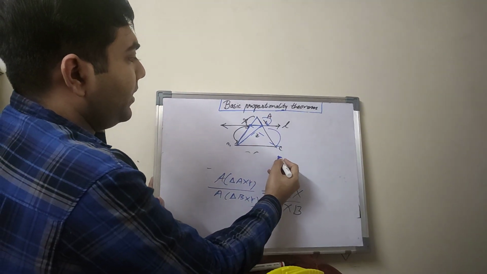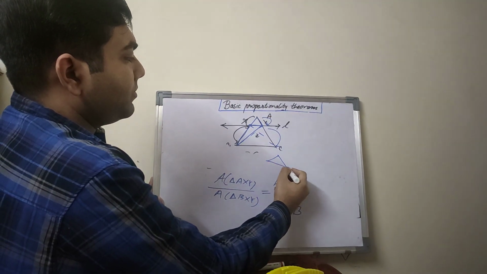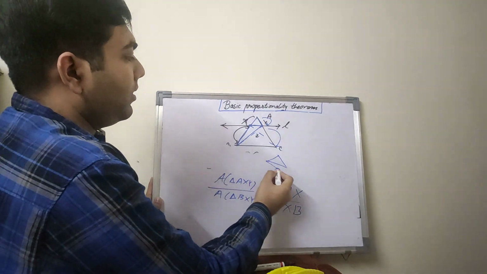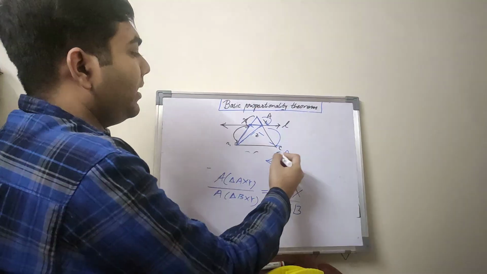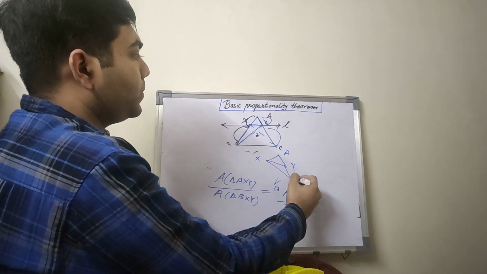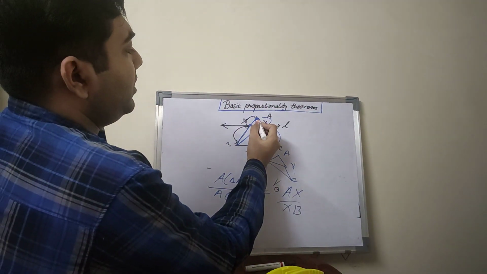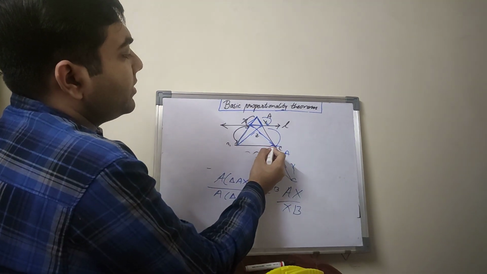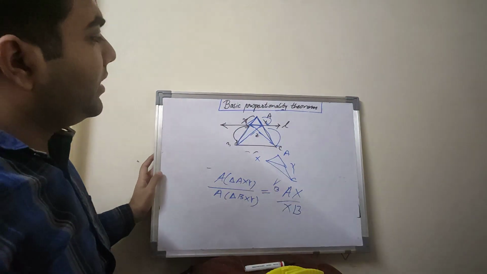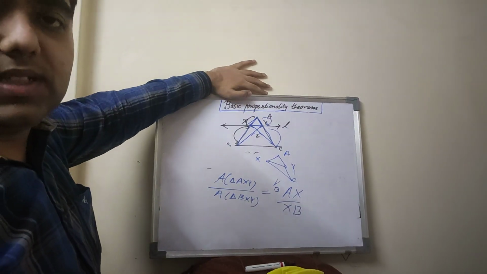See that triangles AXY and XYC, you can see they are very similar to our first case.